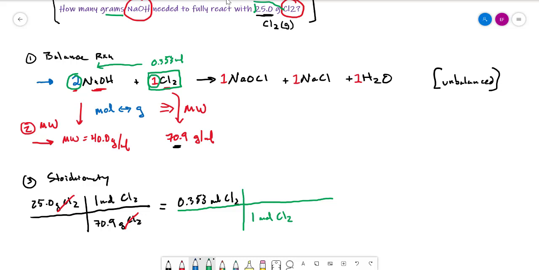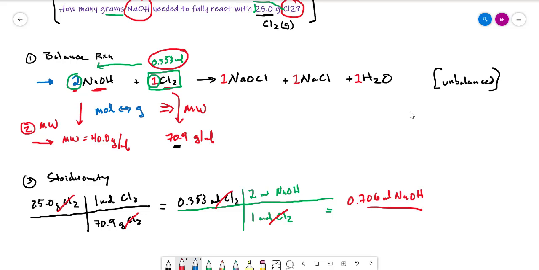Well, 2, based on this balanced chemical reaction. So 2 moles of NaOH are required. If I then get rid of my units dimensionally, I'm going to be left with 0.706 moles of NaOH that were required to use up all 0.353 moles of Cl2, or the 25 grams that we started with.